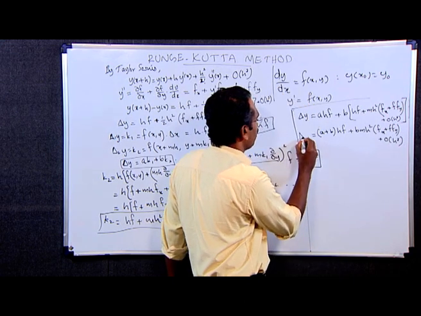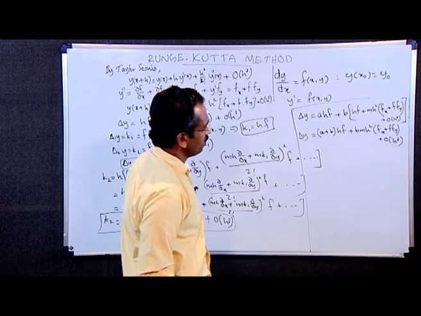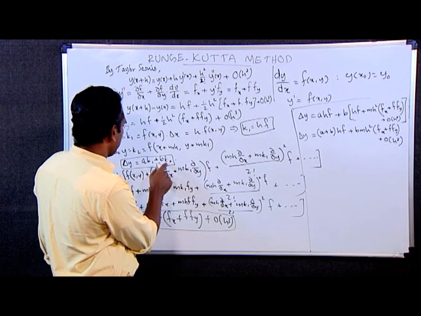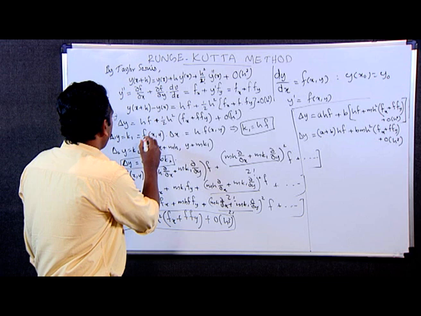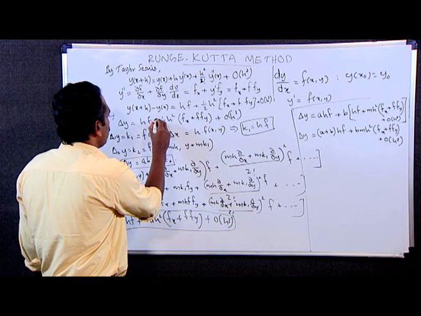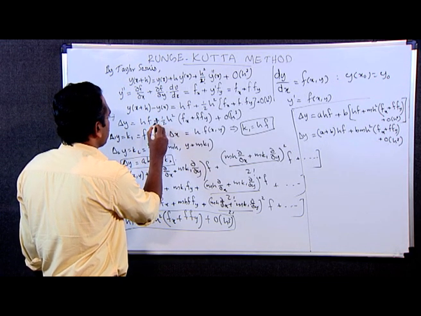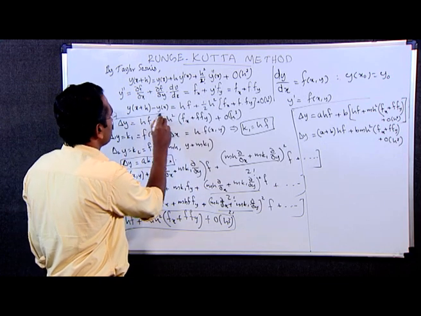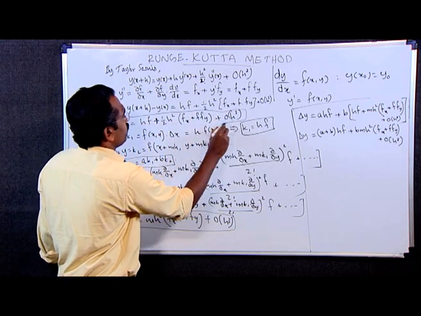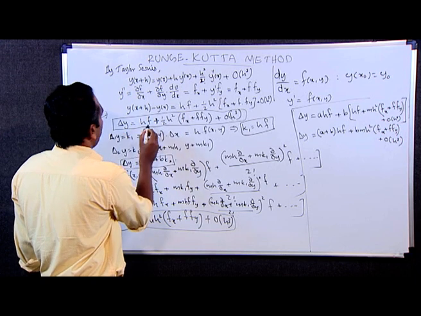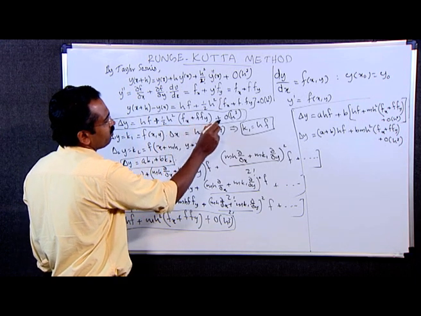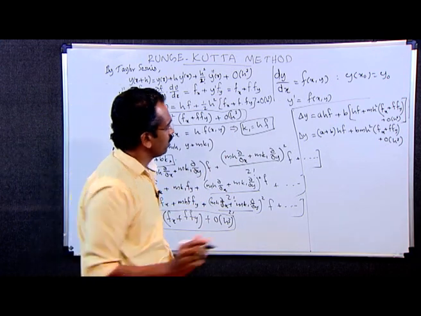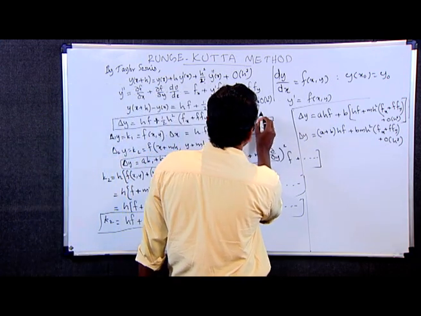This is the expression for delta y obtained by substituting K1 and K2 in this expression. Now, we have delta y is equal to this expression also. Delta y is h into f plus 1 by 2 h square into f_x plus f f_y plus O of h cube, comparing these two expressions.